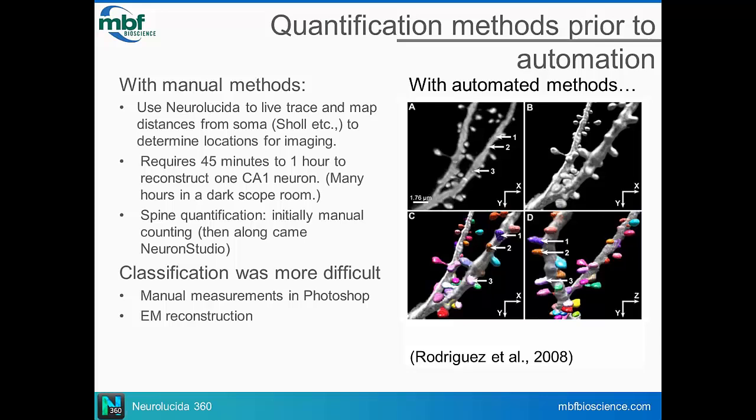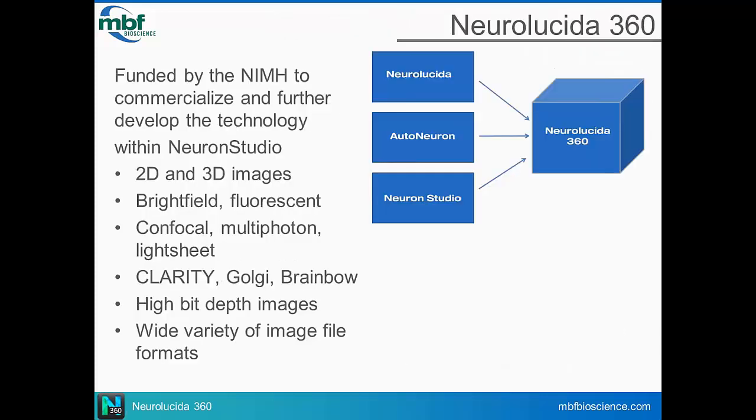Well, not too long ago, Neuron Studio was no longer able to be developed. The resources weren't there to continue its development in the academic realm, and there was a program by the National Institute of Mental Health to take these techniques that are being developed in academic labs and partner with commercial organizations to keep this technology, which is of use to many researchers, and expand it and make it more robust, with further development.